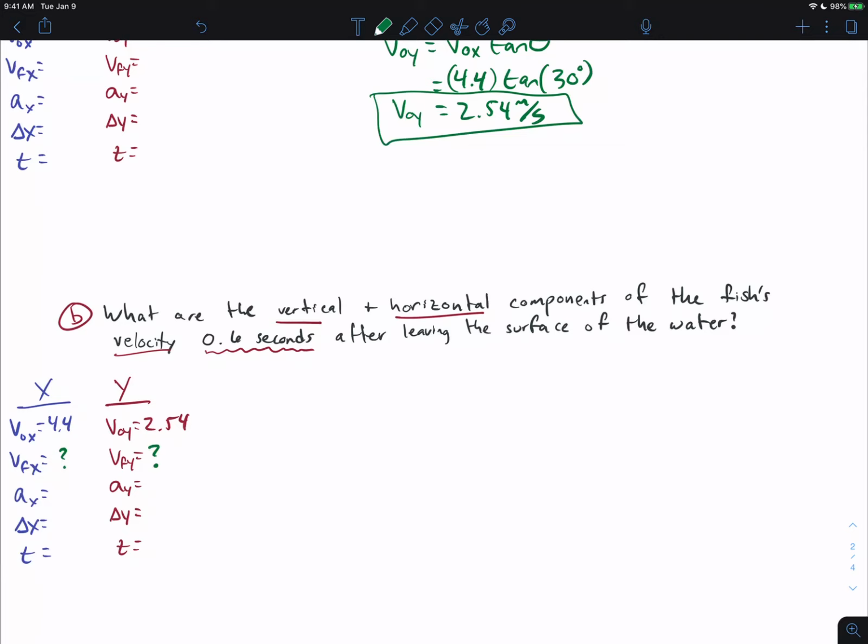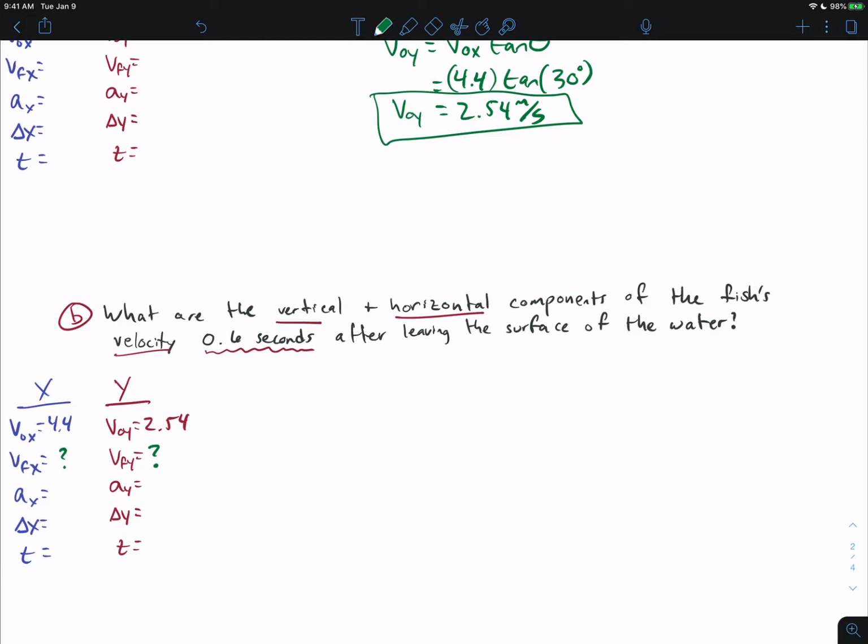Now you'll notice here that, remember, we need 3 pieces of information for kinematics, and you're going to need them in each column. Remember, they're separate, right? So I'm going to need 3 variables that I know in the x, and 3 variables that I know in the y, and then the 4th here is the thing that we're trying to find in order to choose which formula we're going to use.